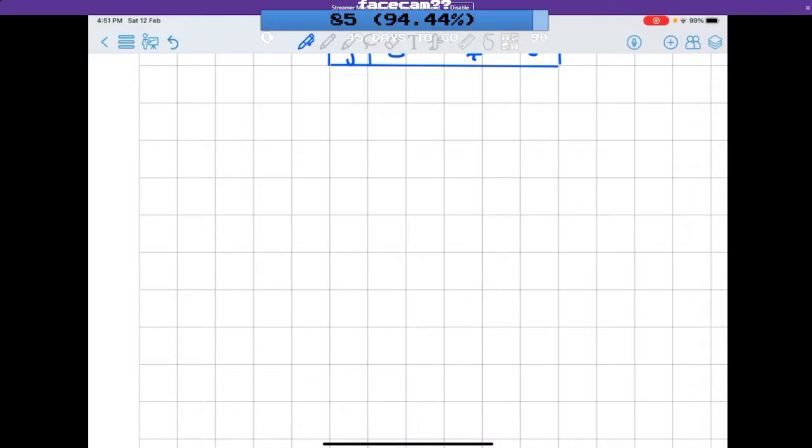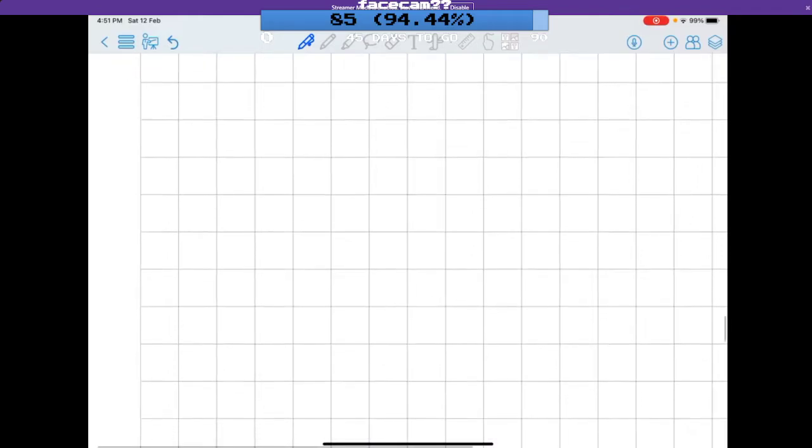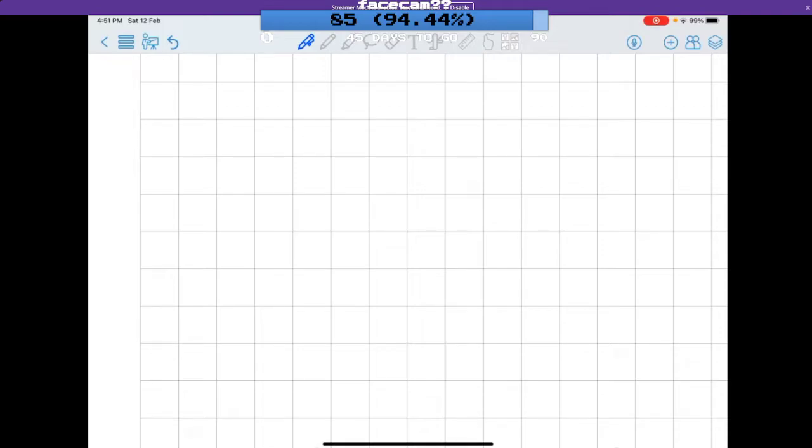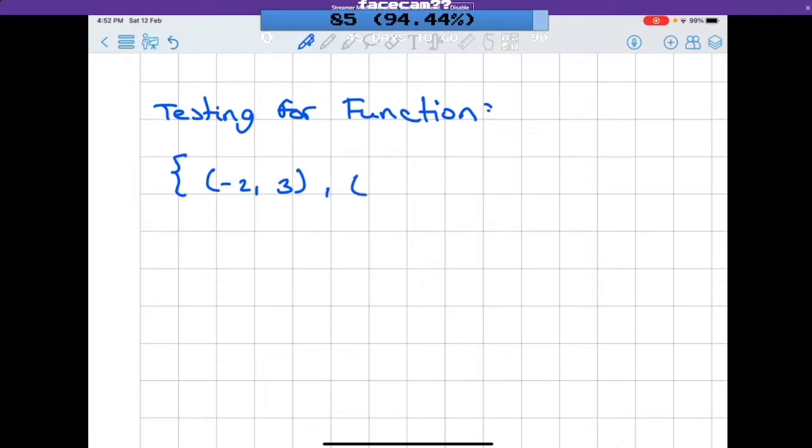Now let's move on to testing for a function. Obviously, not everything you see is going to be a function. So let me write this down. Let's say we have the flower brackets here, and we have -2 and 3, 0 and 0, 2 and 3, and 4, -1.